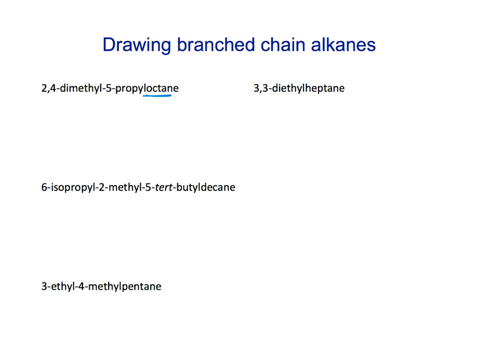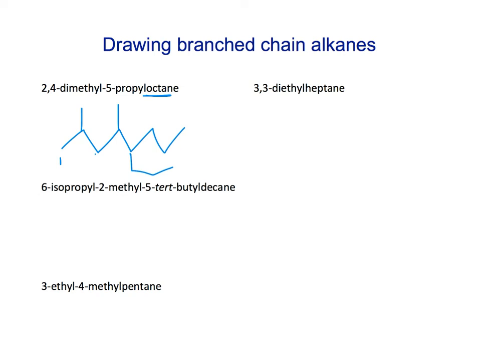So let's draw out an 8-carbon alkane. There's 8 carbons, and we'll just say we're numbering them from left to right. We have 2,4-dimethyl, so this is 1, this is 2, there's a methyl there, 3, 4, 2,4-dimethyl, 5-propyl octane. All right, so there it is.